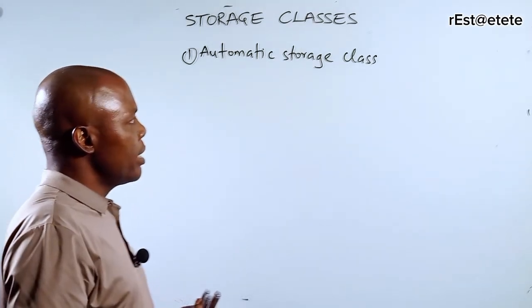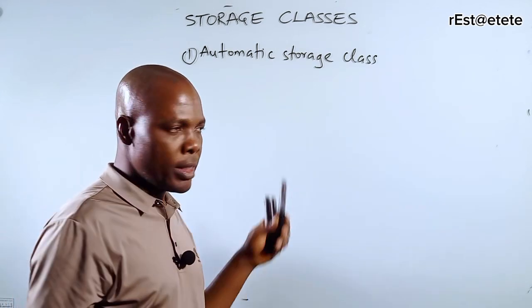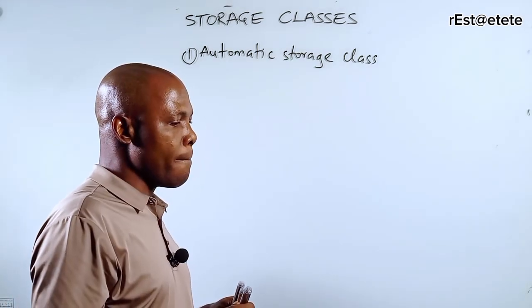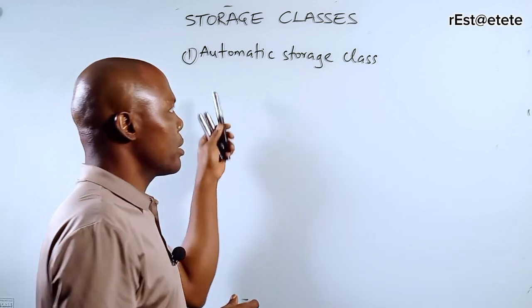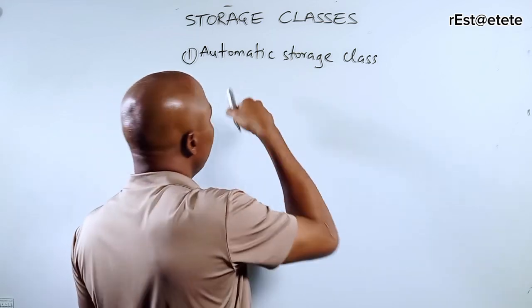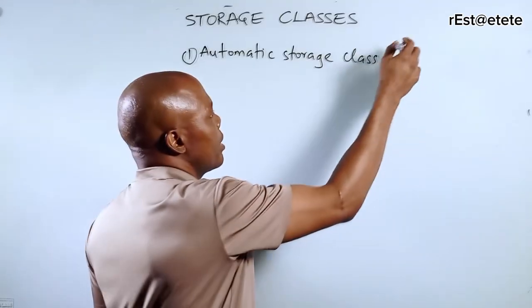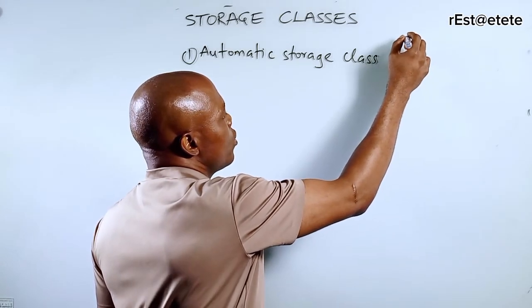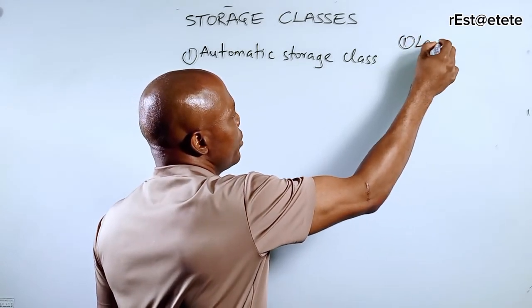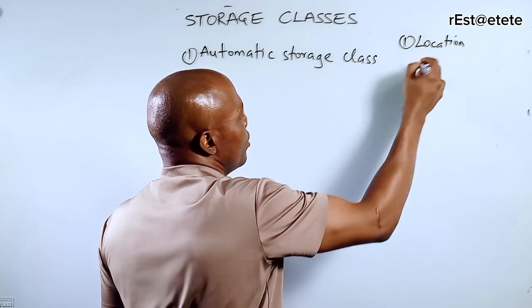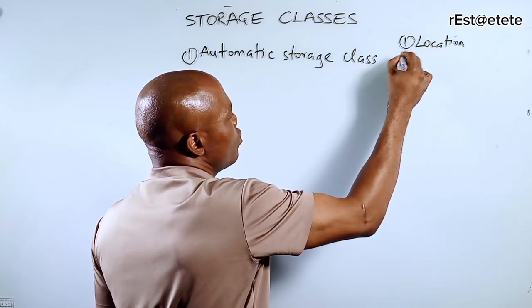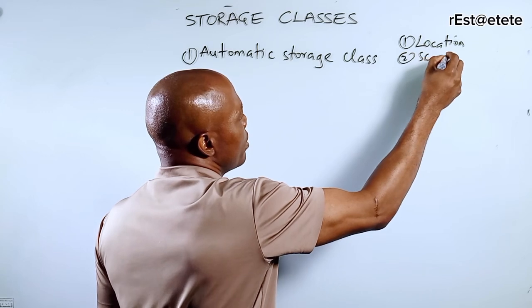So I'm going to write a simple program to illustrate this, and then I will use a blueprint of what these storage classes are. So I will show you one, the location in the memory, and then two, we'll look at the scope.